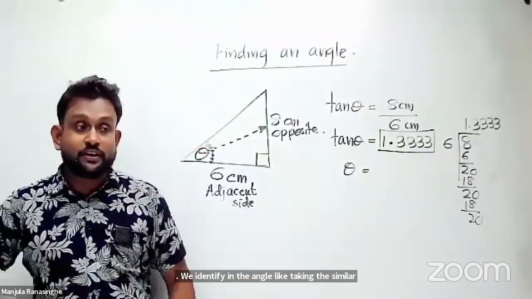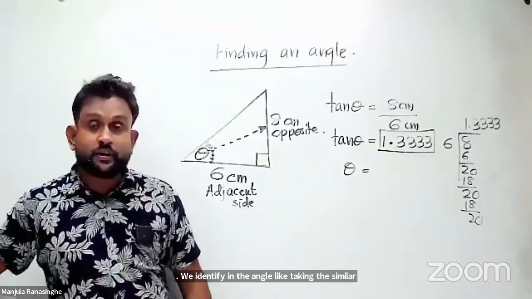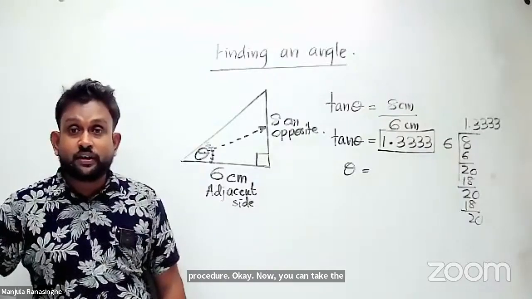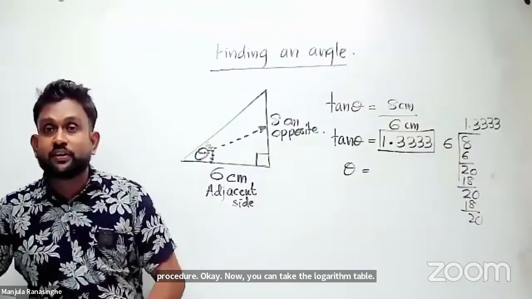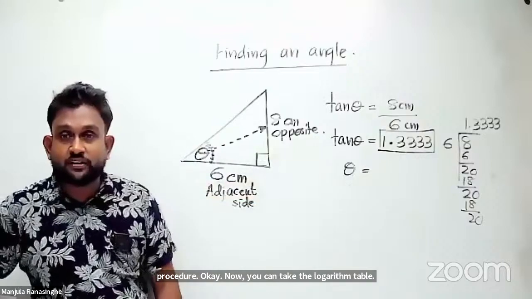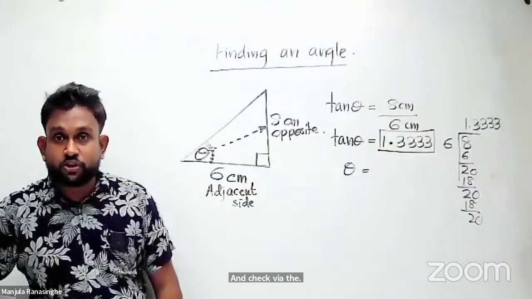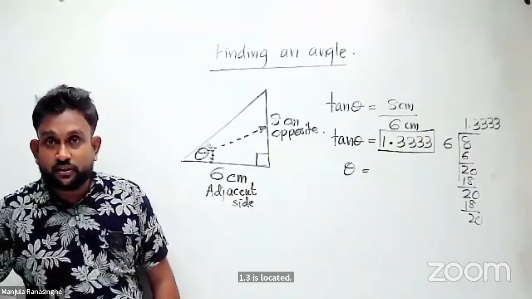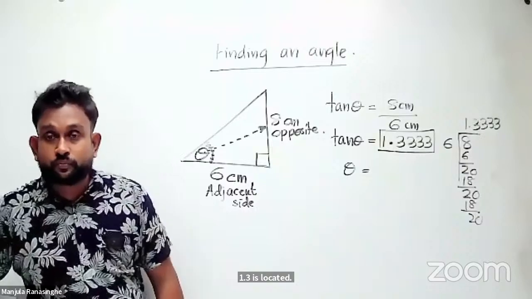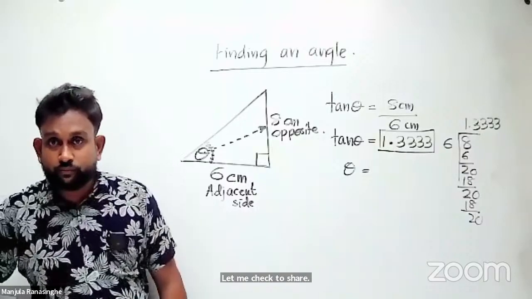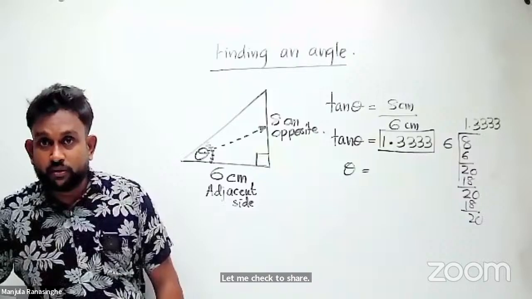Okay, now you can take the logarithm table and check where 1.33 is located. Let me share the tangent table, the log table.